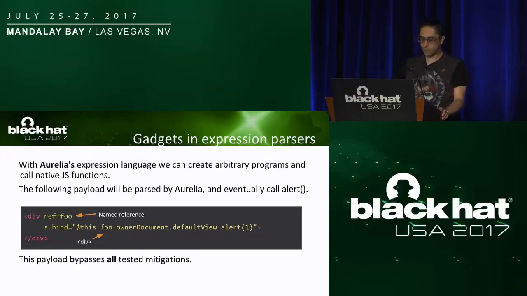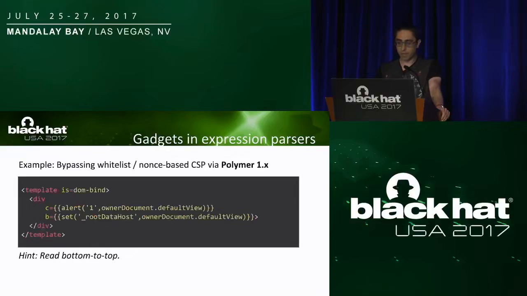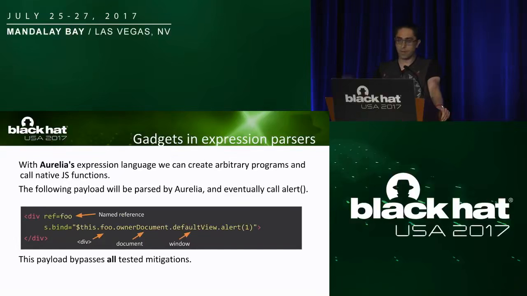So what we do is we get the reference to this div element, then we check the ownerDocument property that happens to be the document object. Then from the document object, it's pretty easy to get the reference to the window, which is the defaultView. This is already a property of the DOM. And then once we have a reference to the window, we simply call an alert function with parameter 1.